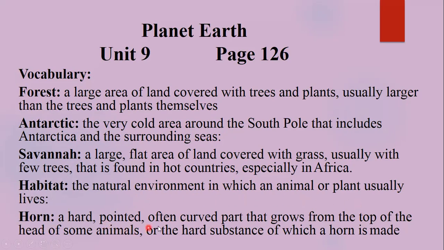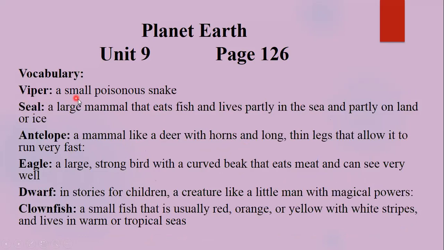Horn, a hard, pointed, often curved part that grows from the top of the head of some animals, or the hard substance of which a horn is made. Viper, a small poisonous snake. Seal, a large mammal that eats fish and lives partially in the sea and partially on land or ice.